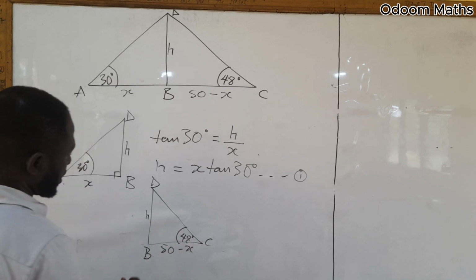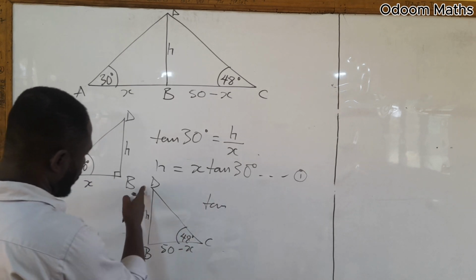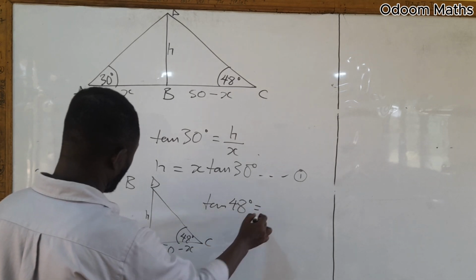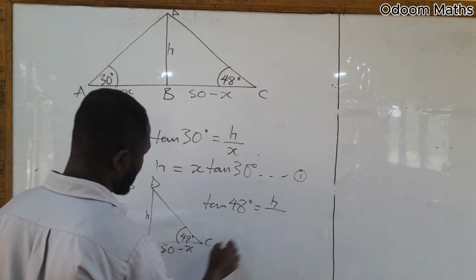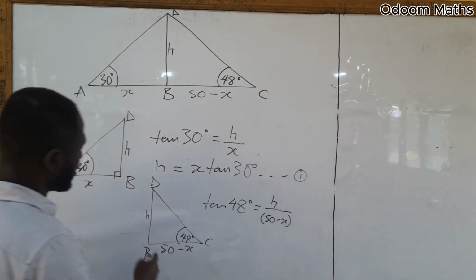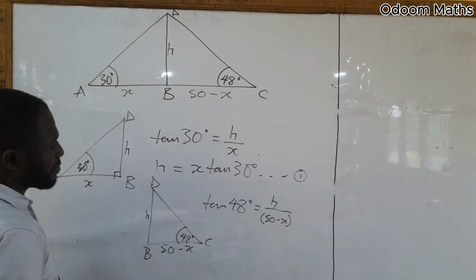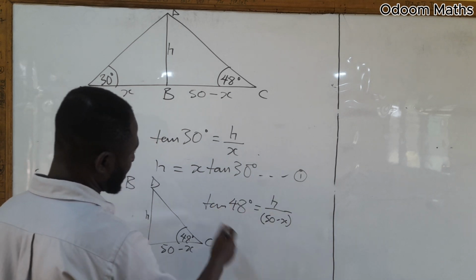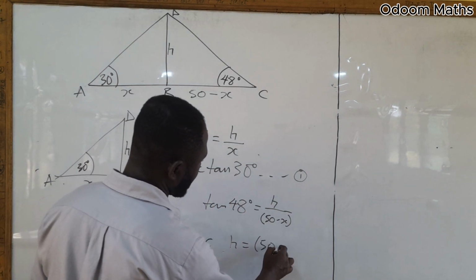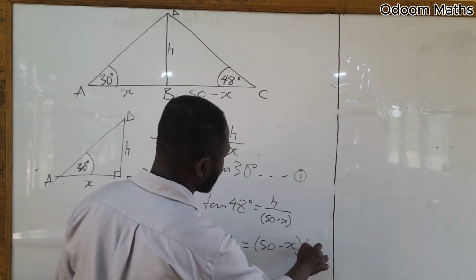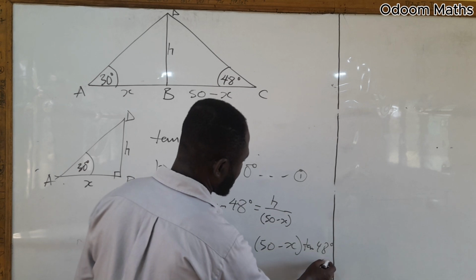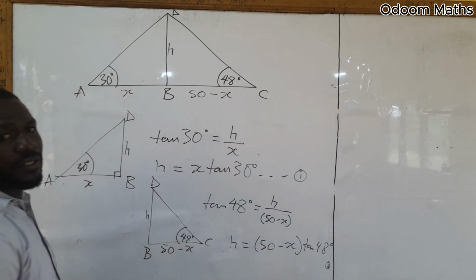On this side too, we have opposite and adjacent, so tan 48 is equal to H over (50 minus X), opposite over adjacent. We can simplify this to H equals (50 minus X) tan 48 degrees. We can call this the second equation and solve them simultaneously.